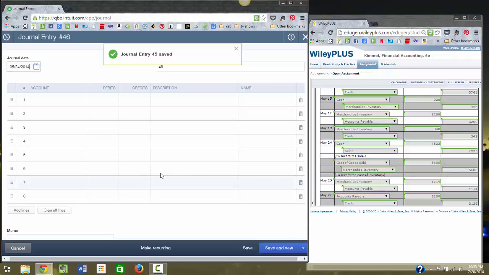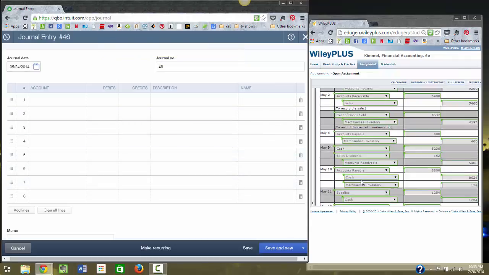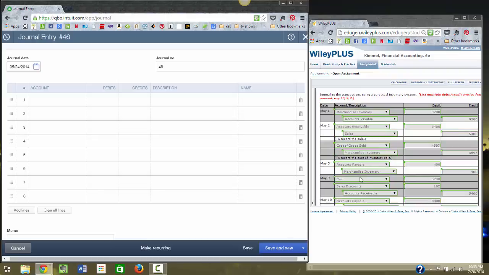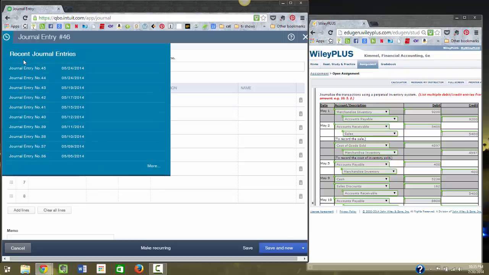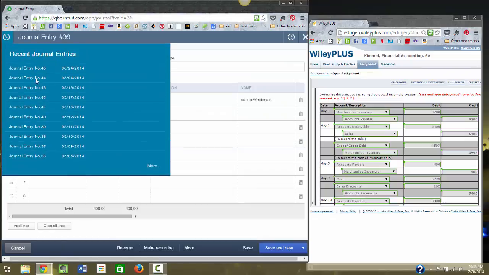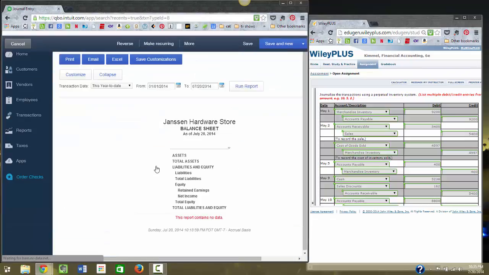Now, if you ever have a question about a previous transaction, feel free to look back. Like, to make sure on May 2nd, I can look up here. These are the recent journal entries. And I can go here, more.